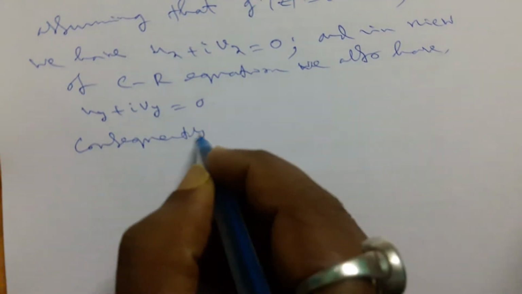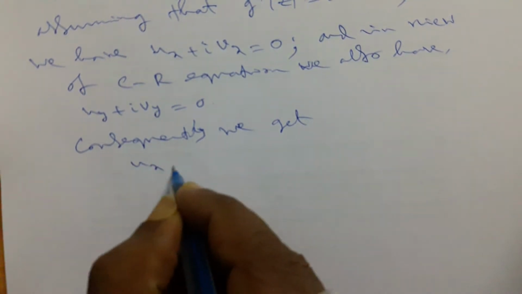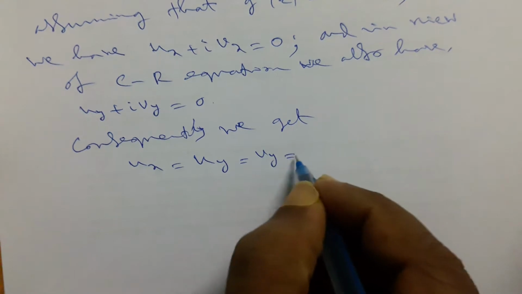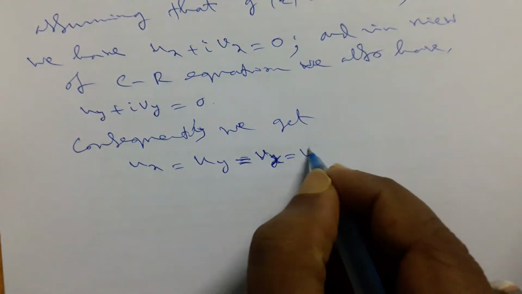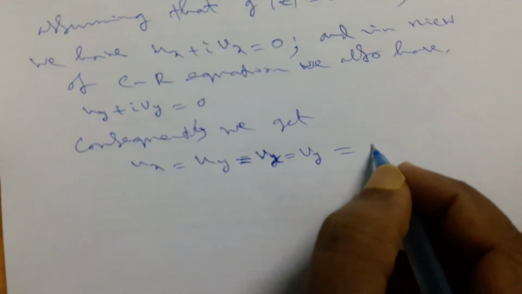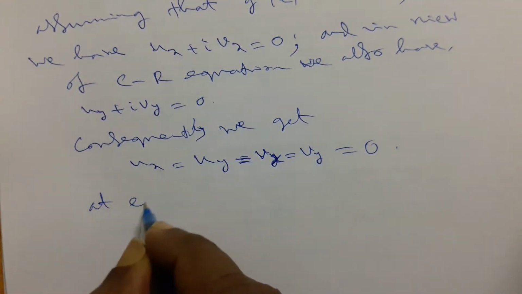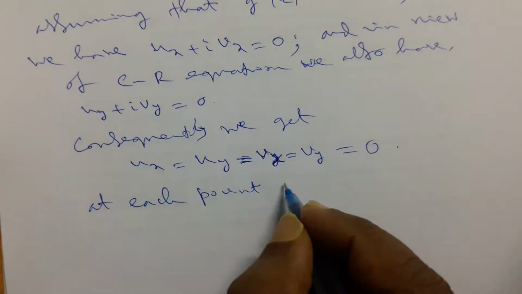Consequently, we get u_x equals u_y equals v_x equals v_y equals 0 at each point in D.